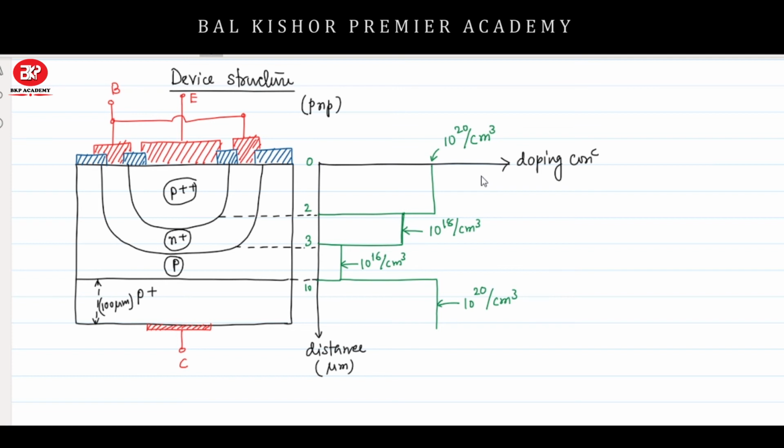So for that case, we will consider this cross section, this dotted region. If we draw the dotted region, it will look like this.